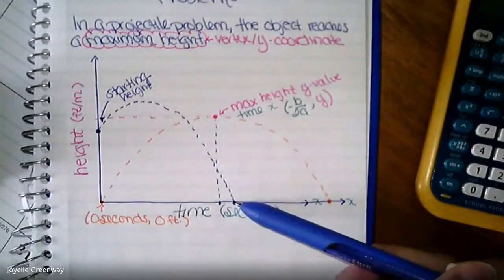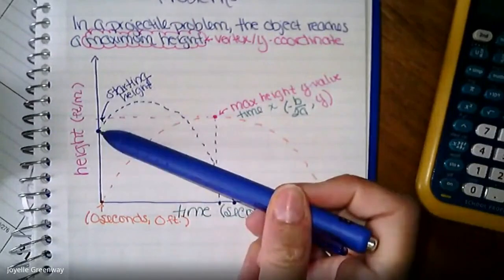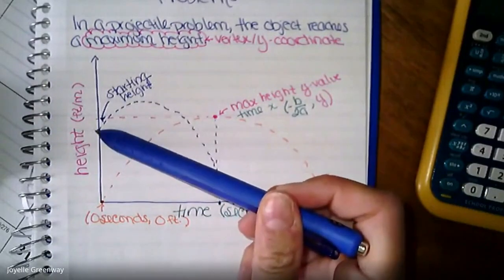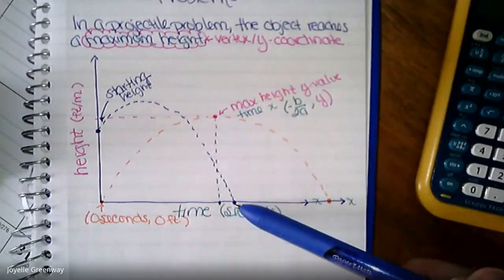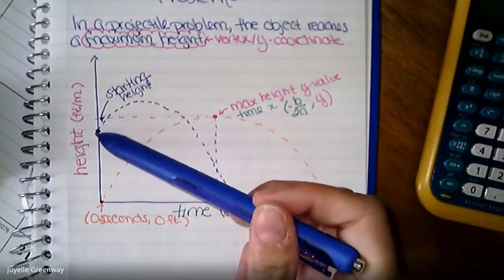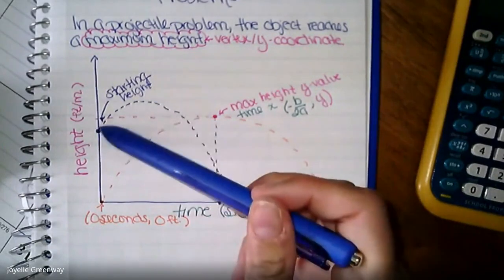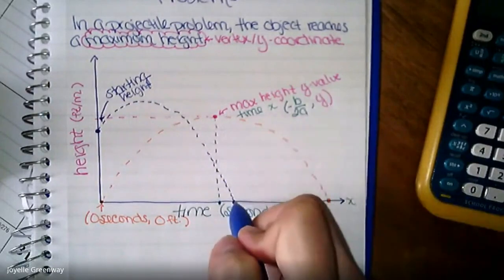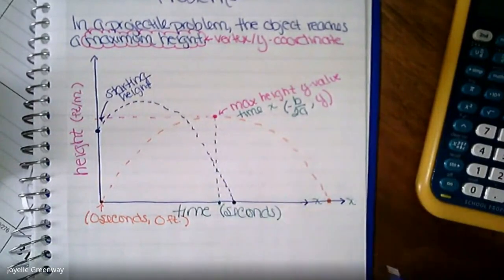Or let's say you're on a ladder and you have to throw something down to the person on the ground. You throw it, your object takes this path here, and when it lands, that's the amount of time that it took.